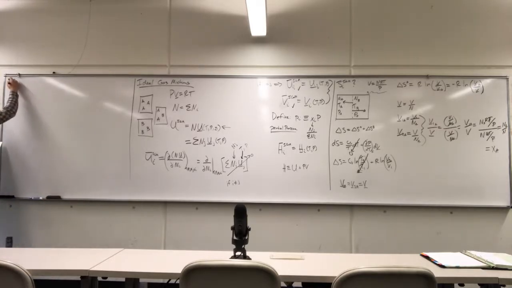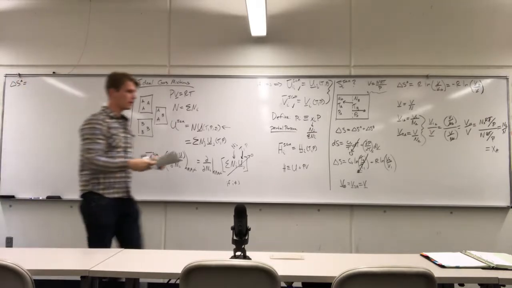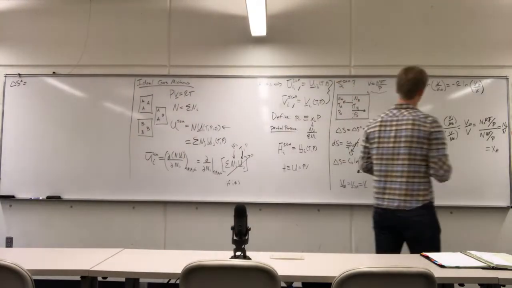So we can now write that the change in entropy of A is equal to, what do we have here?